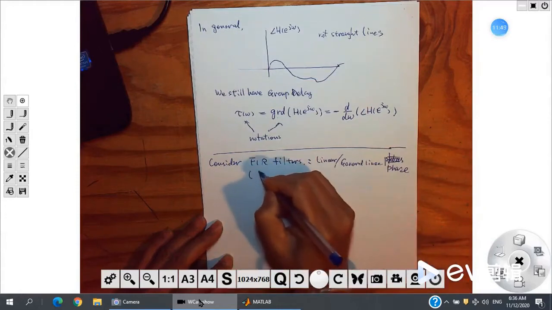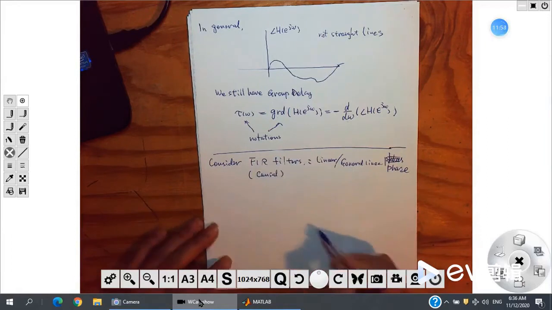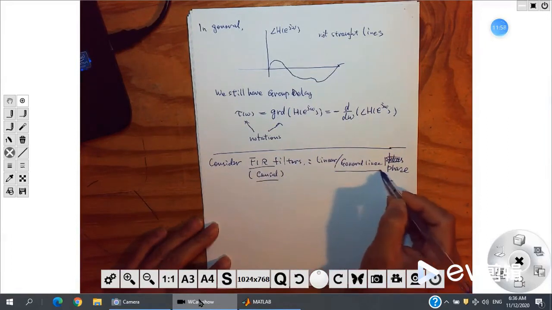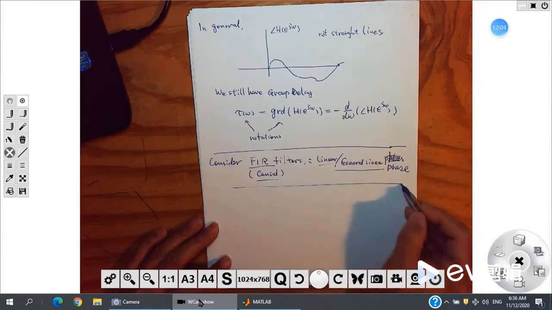Of course, we also need them to be causal. We have three conditions: FIR, causal, and generalized linear or linear phase.